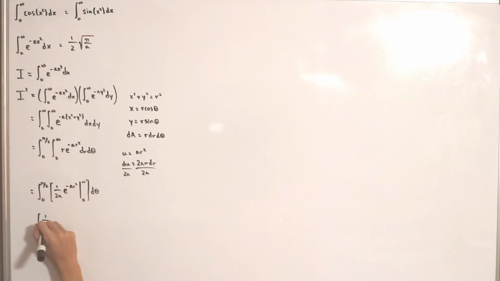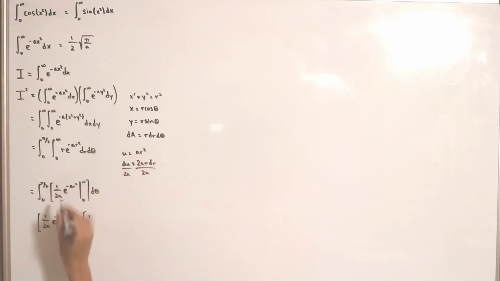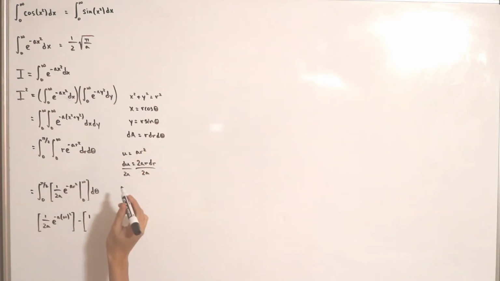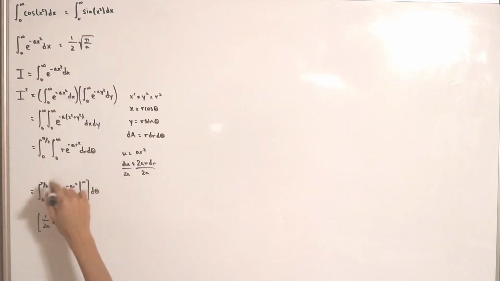So 1 over 2a, e to the negative a, evaluated at infinity squared. And notice that it's negative infinity, so e to the negative infinity is just equal to 0, so this whole term just cancels. Well, actually, this is supposed to be minus, so minus, and yeah, this is supposed to be a minus over here. Sorry about that.